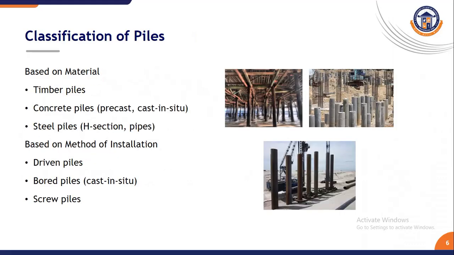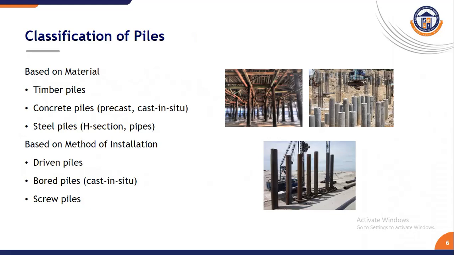Okay. And also the classification based on the materials and the installation. Here, timber piles are economical and easy to use but are suitable mostly for temporary works because of their limited durability.